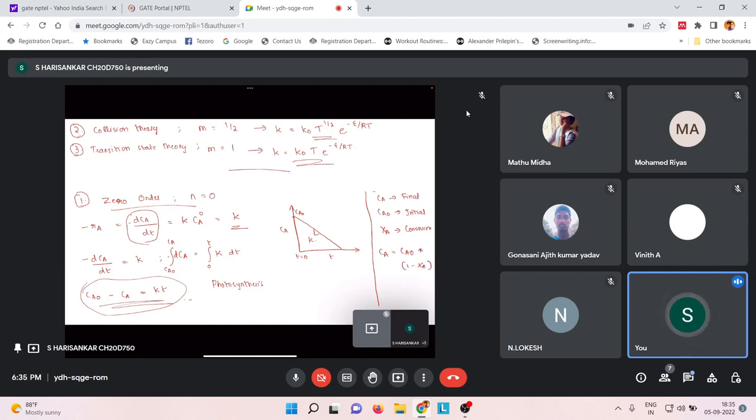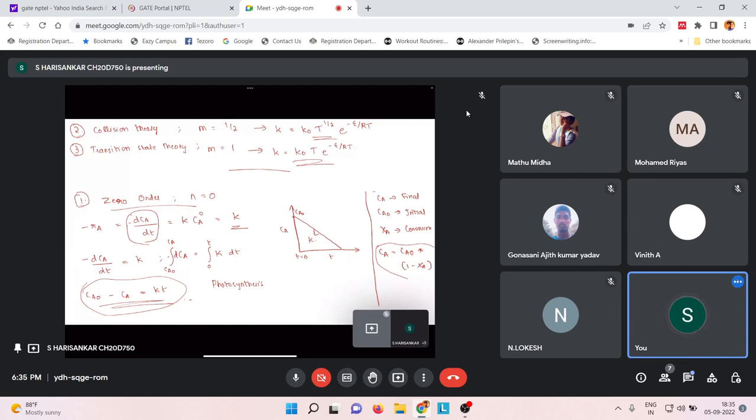Okay. So in this equation, Ca is the final concentration, Ca0 is the initial concentration, and Xa is the fraction of A that got converted, right? So what will 1 minus Xa be? 1 minus Xa will be the fraction of A that still remains in the reactor.